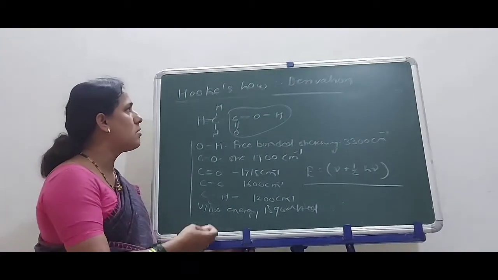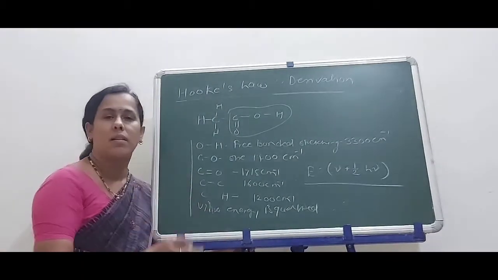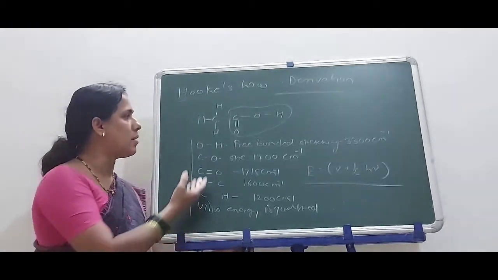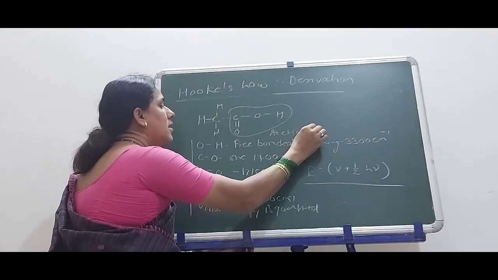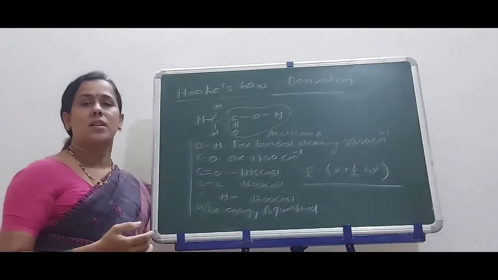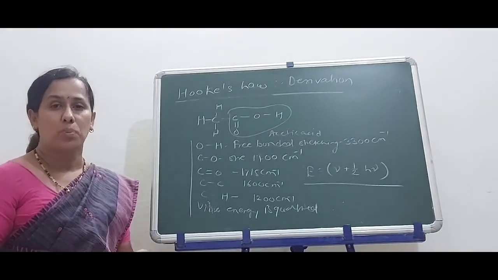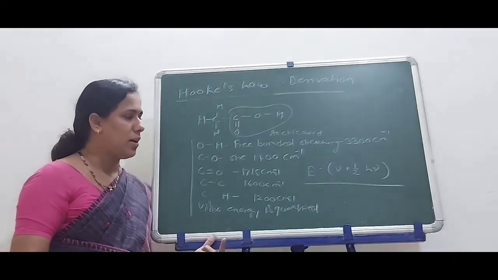Thus, we have discussed Hooke's law and its consequences in terms of single bond and double bond character, and by taking the example of acetic acid. That is, we suggest that all the stretching frequencies are particular for particular functional groups. Okay. Thank you.